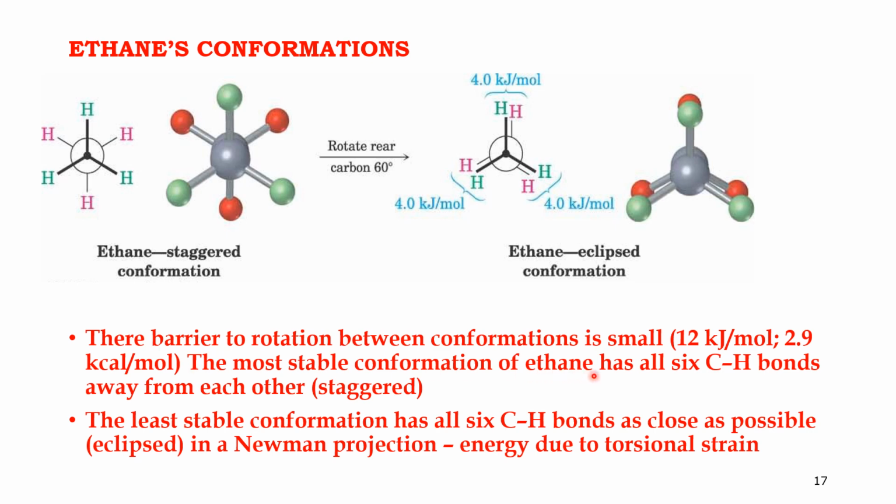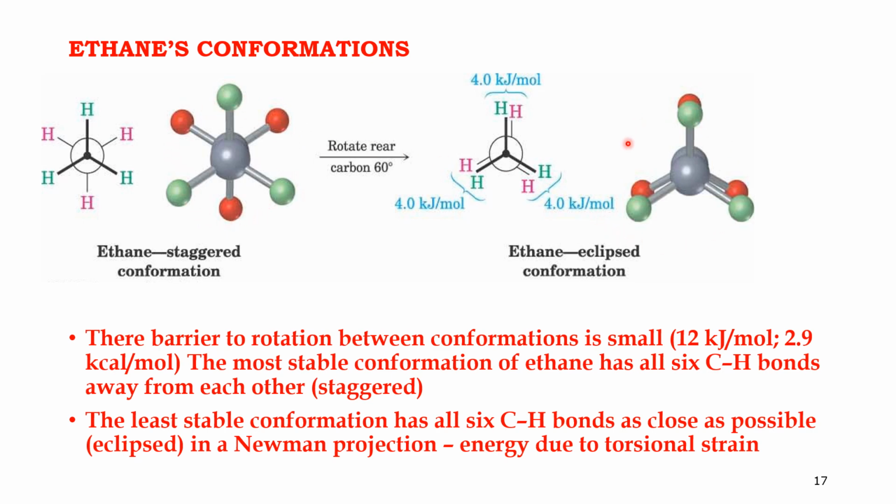The most stable conformation of ethane is staggered, because in the staggered conformation all the hydrogen atoms are placed at maximum distance. Hence, the repulsion is minimum. The repulsion between the hydrogen atoms is minimum in the staggered conformation because the distance between the hydrogen atoms is maximum.